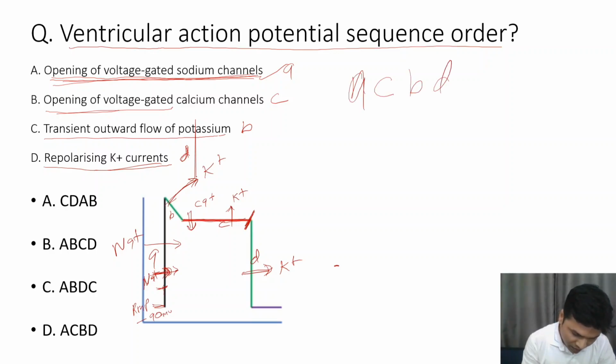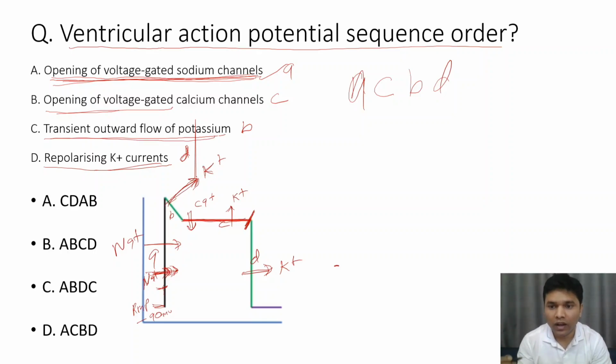So the first thing that happens is opening of the voltage gated sodium channel, and sodium enters with sodium influx. Second is the transient outward flow of potassium, which leads to early repolarization.